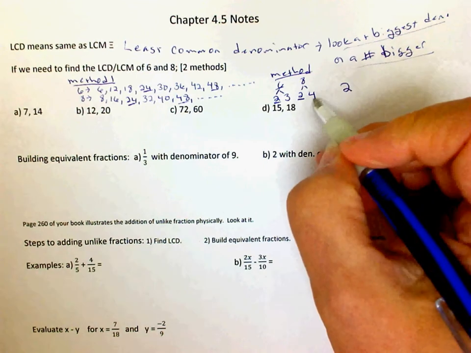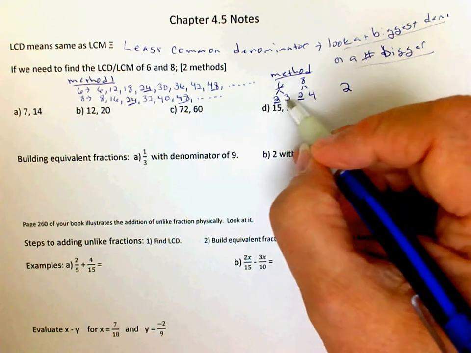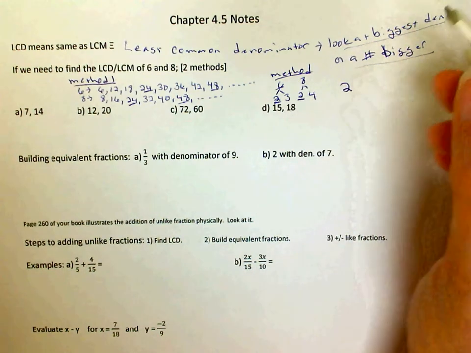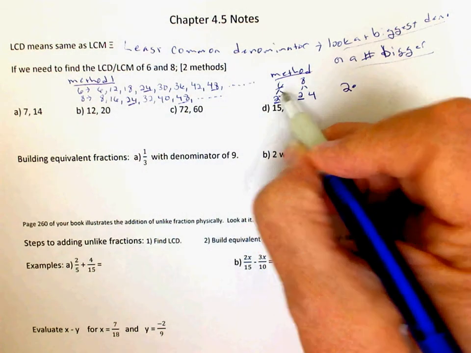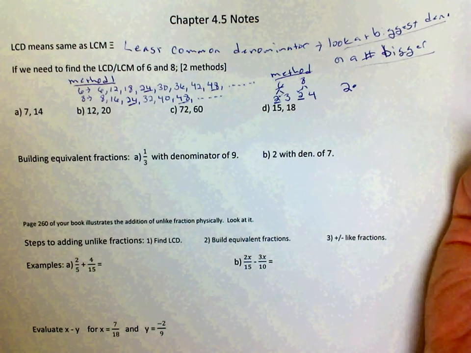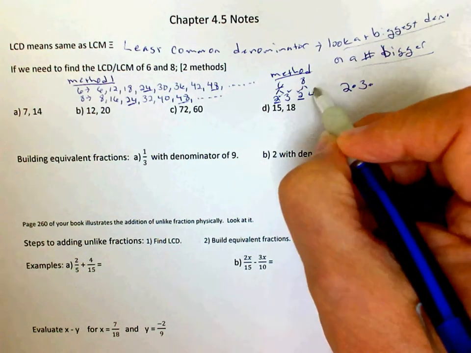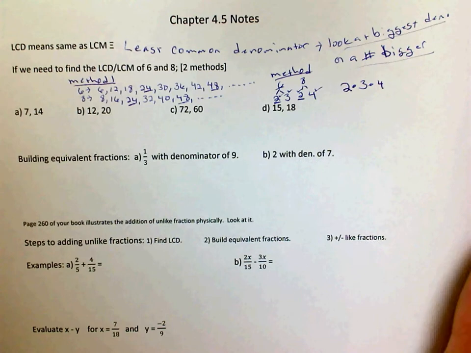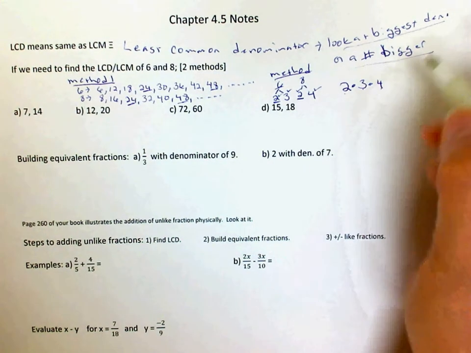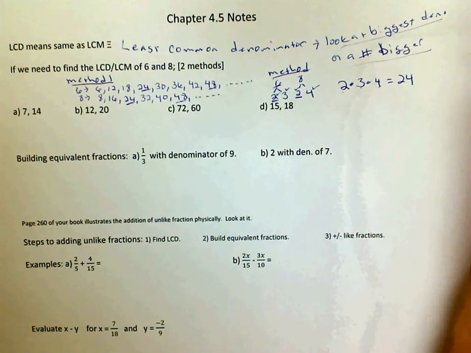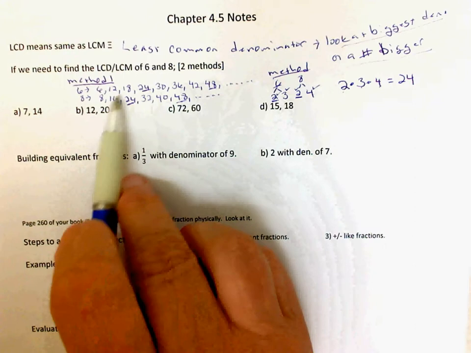Now I could split the 4 down smaller, but 3 and 4 have no factors in common except 1. So I bring my 3 and my 4 over here, and I multiply them. 2 times 3 is 6, times 4 gives us 24. This is more thinking, this is more work.